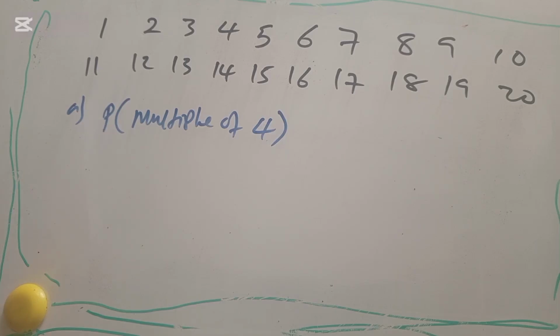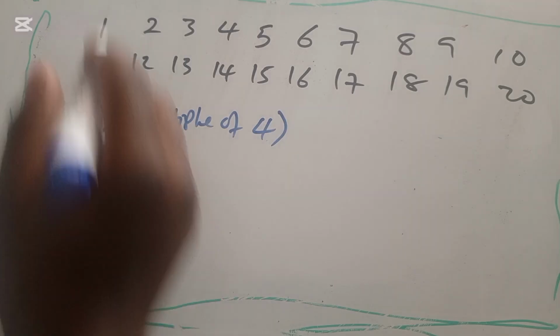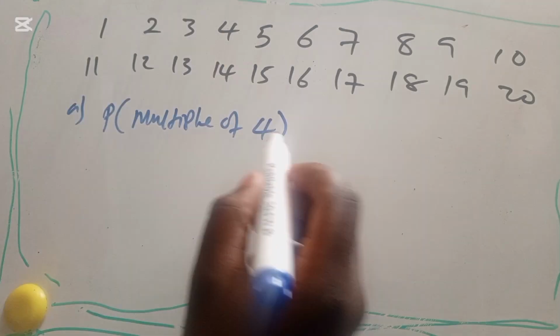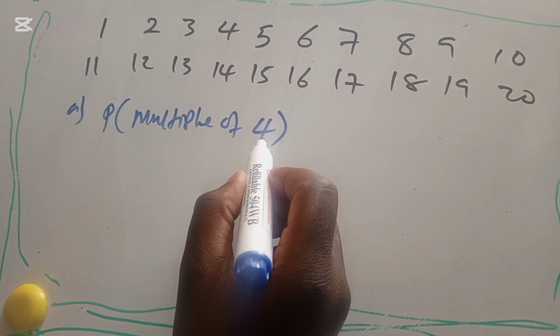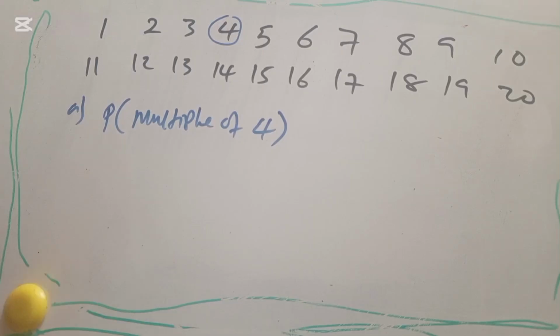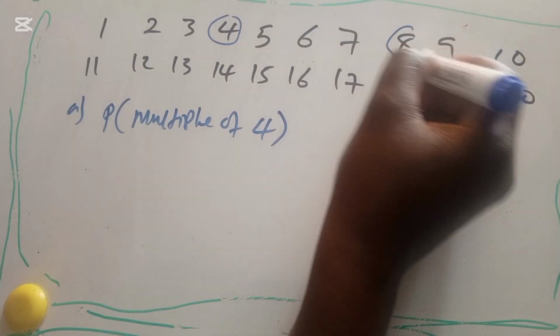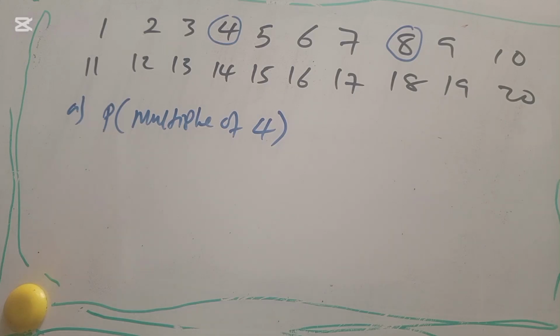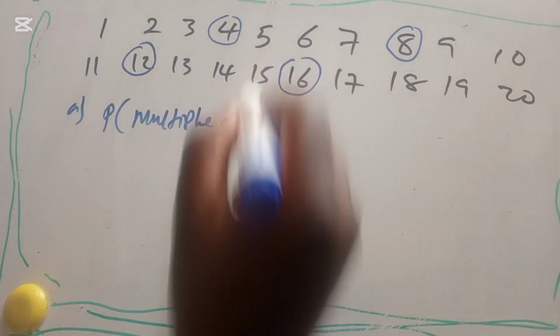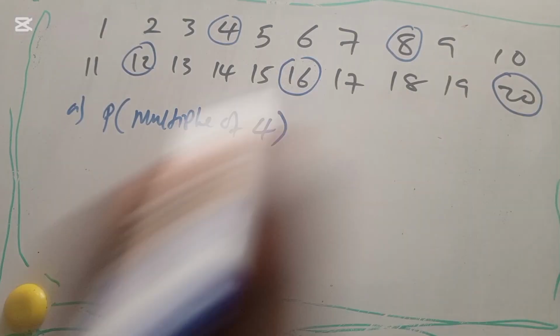So multiples of 4, you can start with 4, which is 4 times 1. You can go to 8. 8 is 2 times 4. This is 3 times 4. This is 4 times 4. And this is 5 times 4.